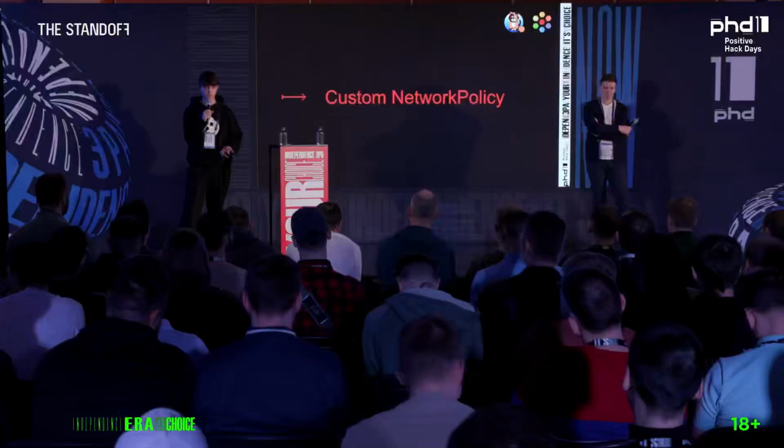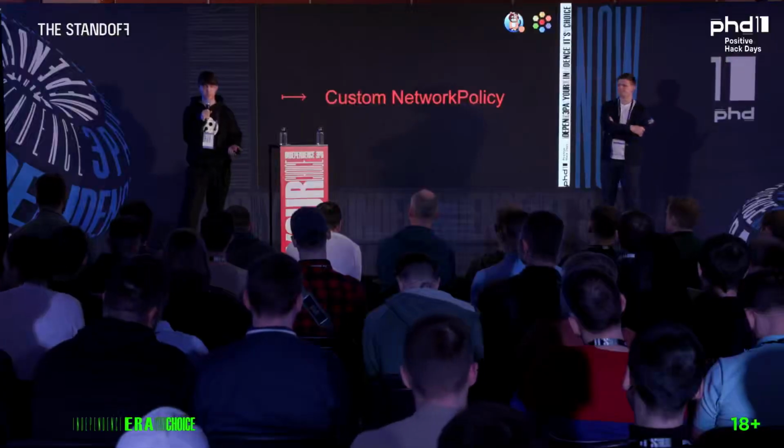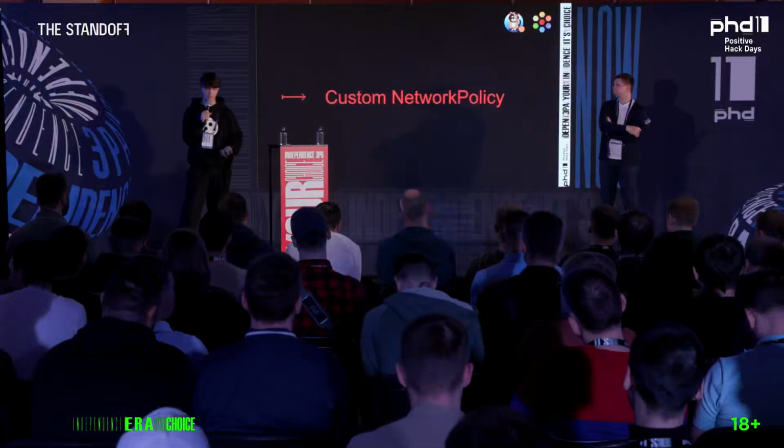Indeed, the industry keeps developing, and external CNI vendors with their custom policies are there to resolve this issue. And today we're going to look at two custom network policy, Calico and Cilium, because these are most frequent and most popular ones.